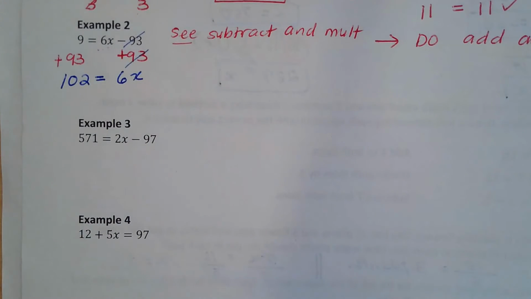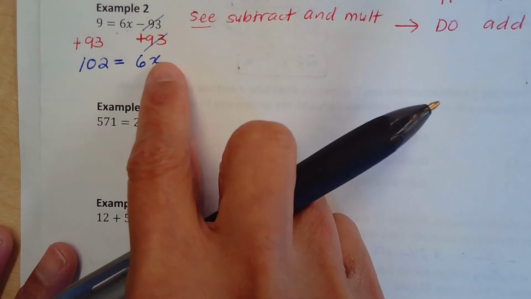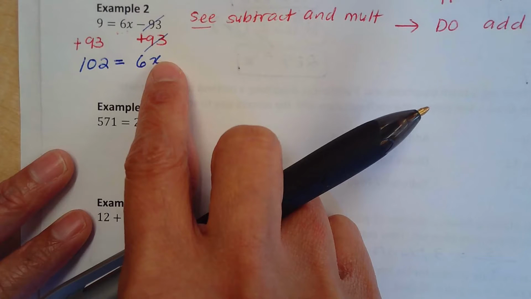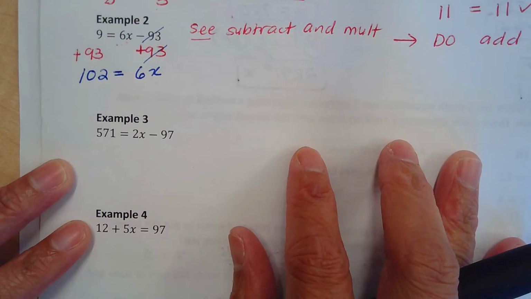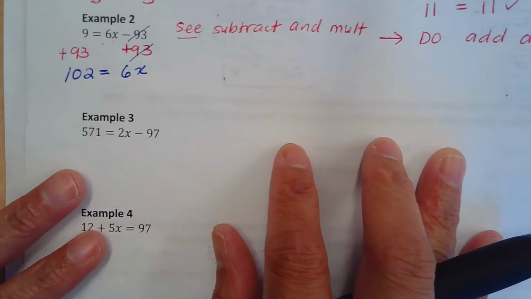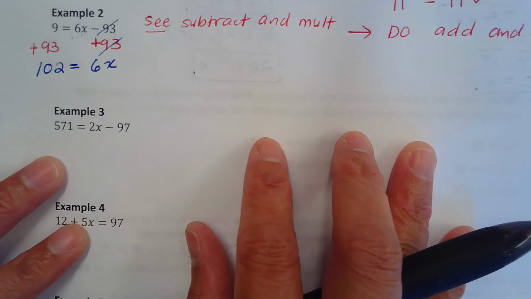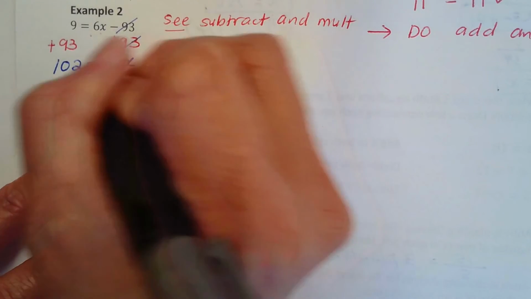Okay, this is a new equation. We see multiply. What are we going to do? Add 93 to 9. Now we're going to divide by 6.